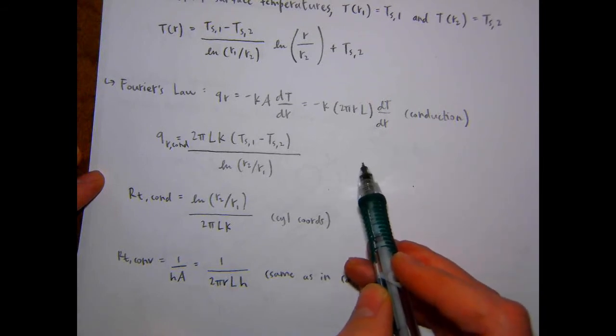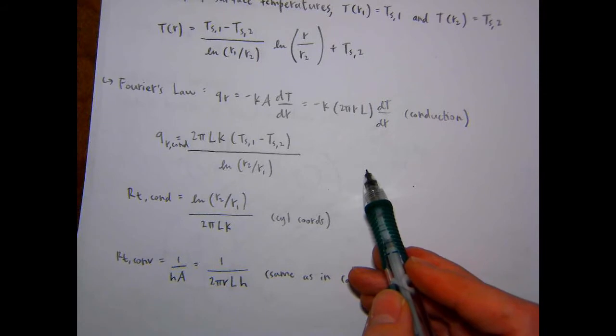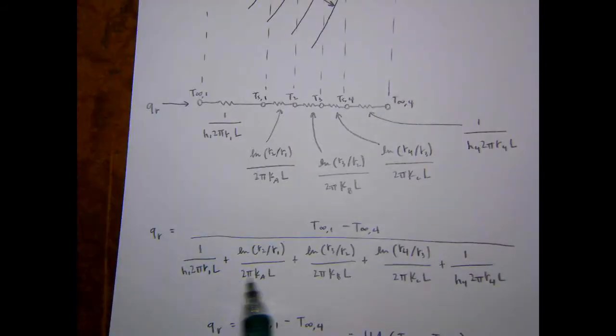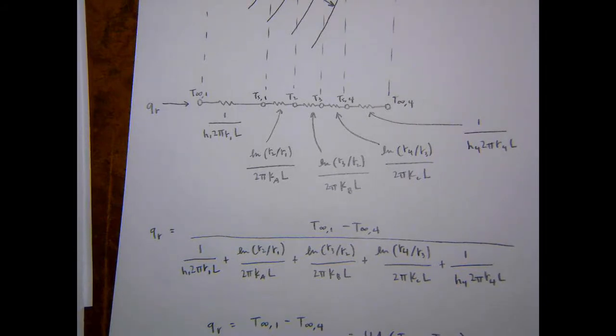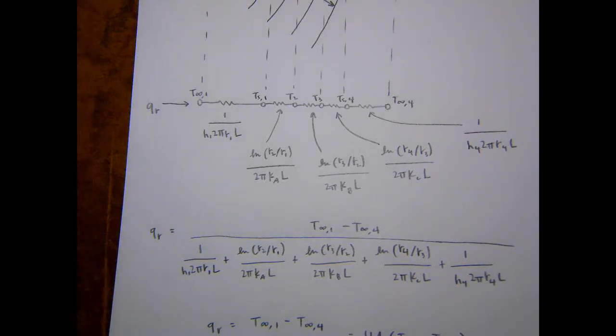And that's how we first derived this big equation here. Setting them all equal to each other, then you can solve for the heat transfer rate, like we did in homework. Yeah, good distinction. Okay, any more questions?